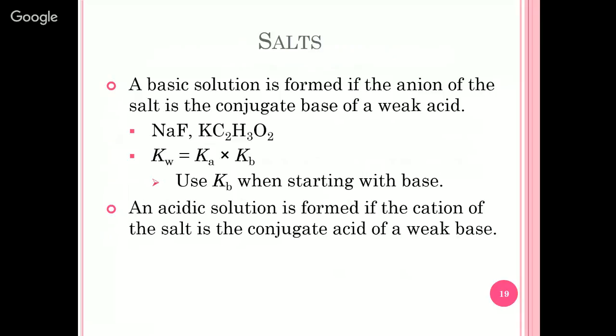Now, if we're going to have an acidic solution when we dissolve a salt into water, it is coming from the cation that is present. For example, here we have NH4+ and Cl-. Your chloride anion came from hydrochloric acid, which is a strong acid, which means that its conjugate base, the chloride ion, has no power to react with water to change the pH. However, the ammonium ion came from ammonia, which is a weak base.